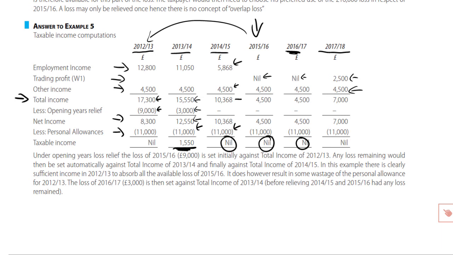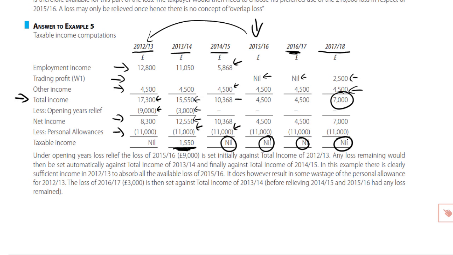On to then 17/18, and we have got the £2,500 of trading profit now assessed, but even when adding that to our annual property income of 4,500, it's only 7,000, again covered by the personal allowance. We have got nil taxable income there, and therefore no tax to pay.